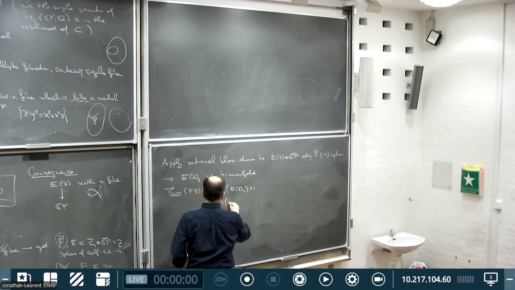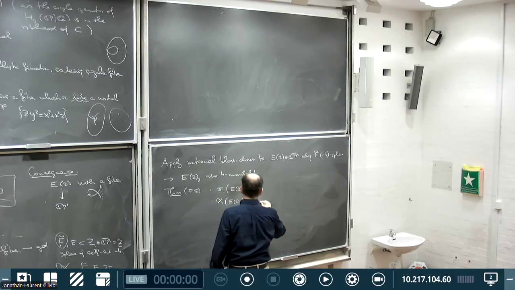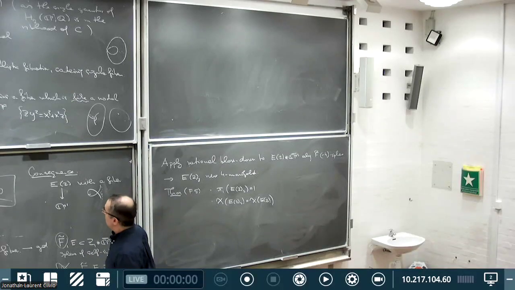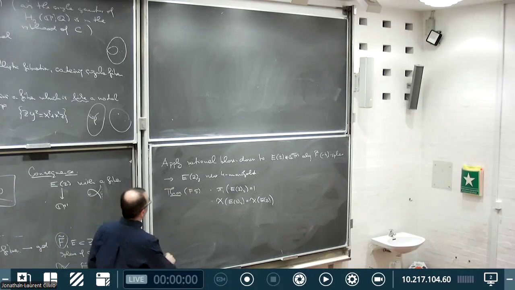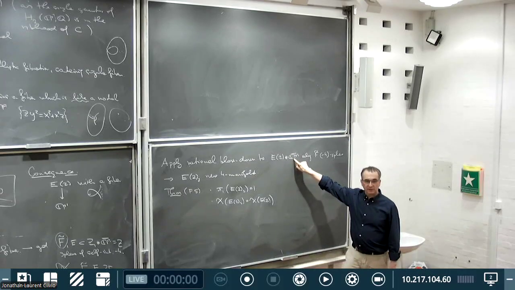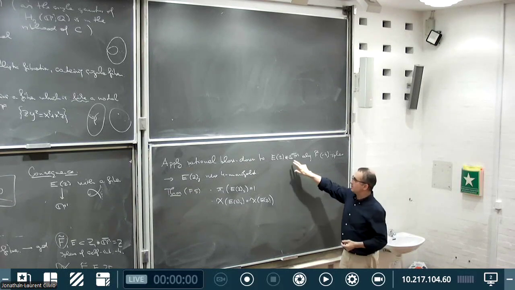The other characteristic of E2 will be the same as E2. Well, this is not very hard to check, because what did we do? We blew up once. So we started with E2. We blew up once. This increases the Euler characteristic by 1. We substitute a point with a sphere. The point has Euler characteristic 1, the sphere has 2, so we increased by 1.